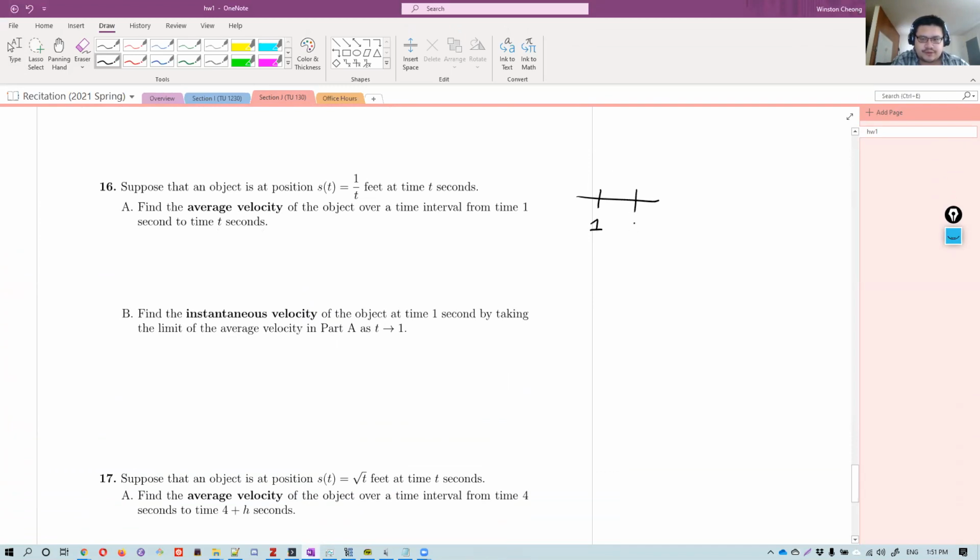Starting time is 1, ending time is t, and average velocity is going to be s of t minus s of 1 over t minus 1, which is equal to, and now I plug into the function given. So s of t is going to become 1 over t, minus 1 over t minus 1. Okay. Now what should I do from here?